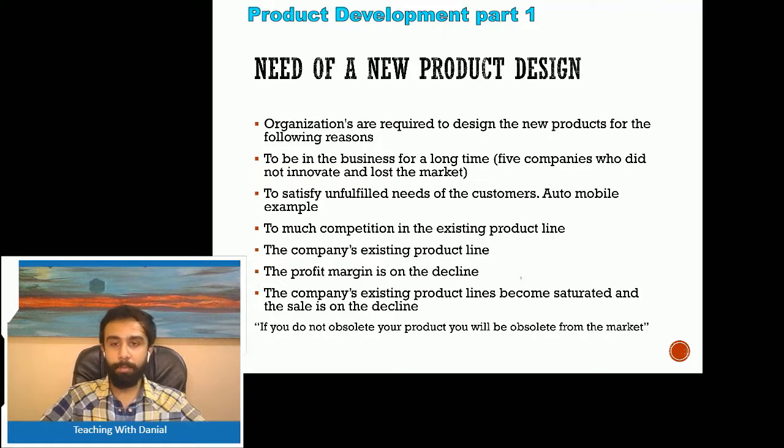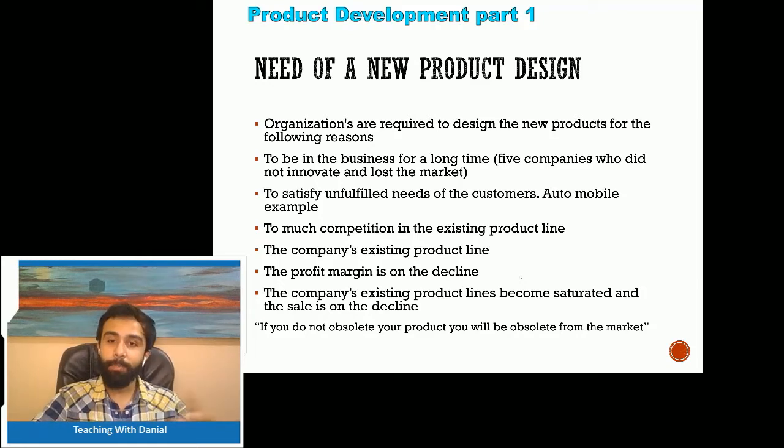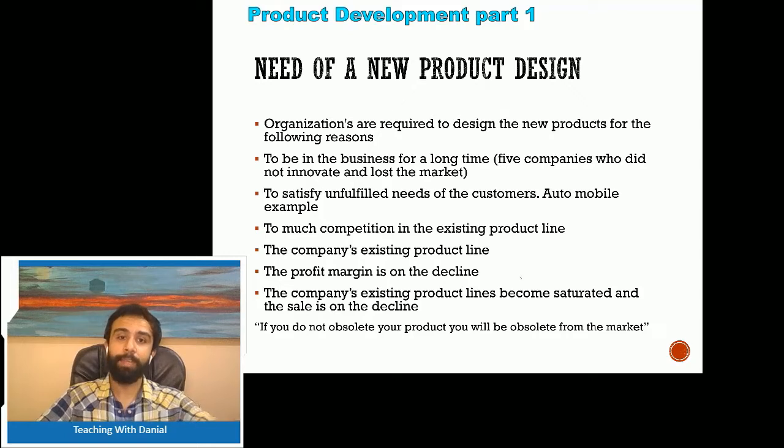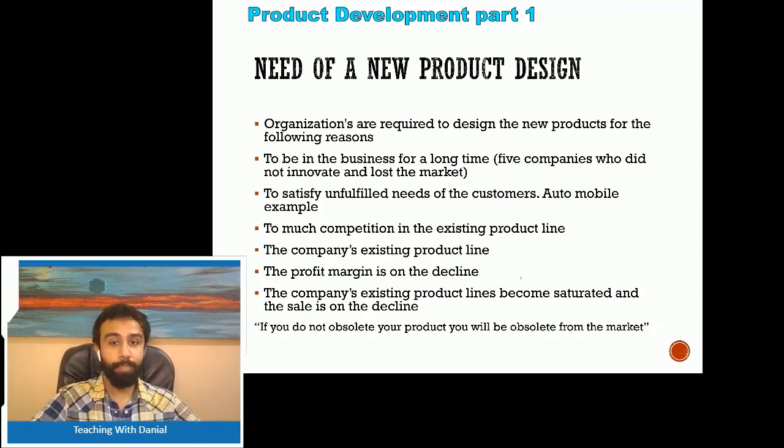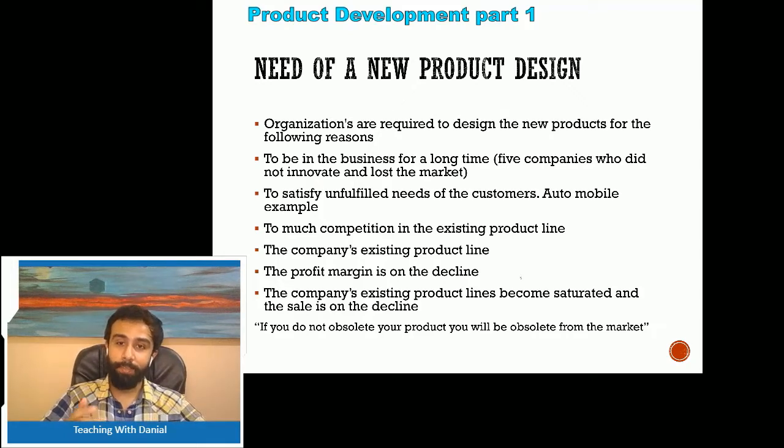But now the raw material prices increase, taxes have been implemented, but you cannot increase your sale price, so definitely you lose the market. So what you do is develop a new product, probably with the same ingredients but just a hint of change, and launch it to the market at an increased price, and you'll get more profit margin. So that's one reason why you need to develop a new product.